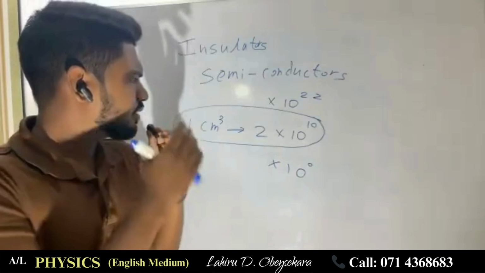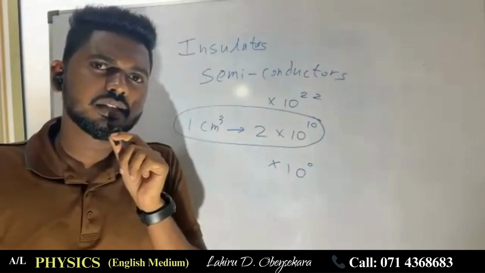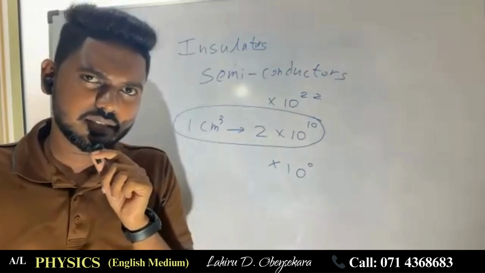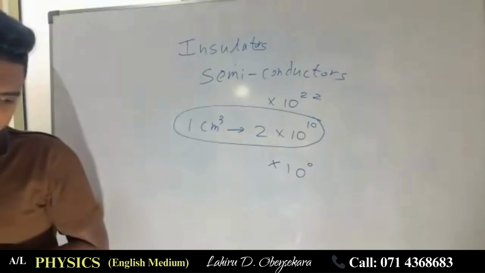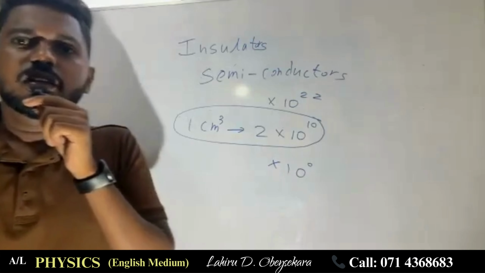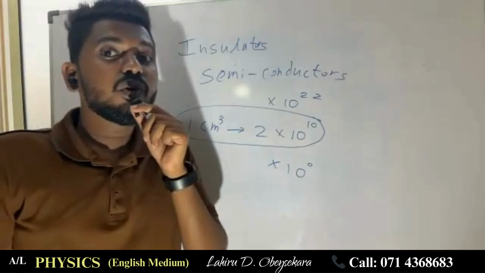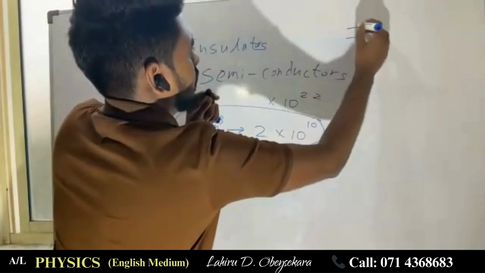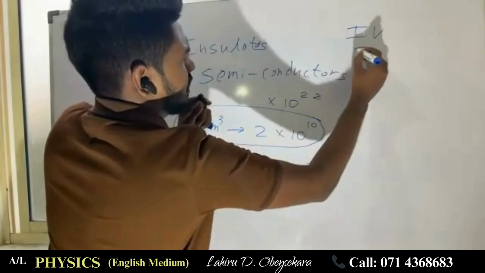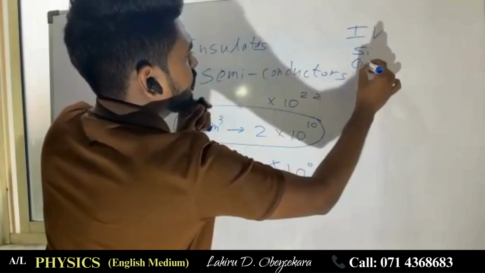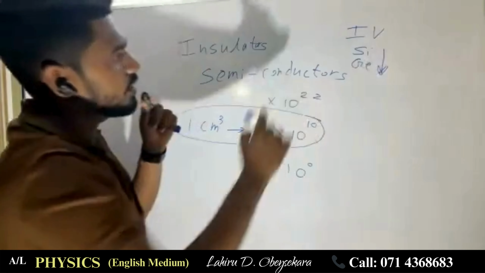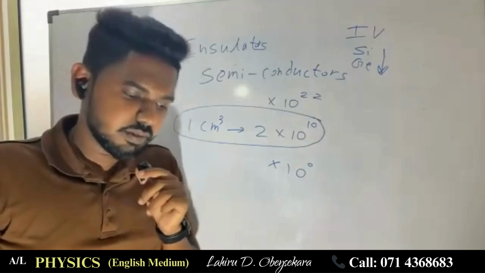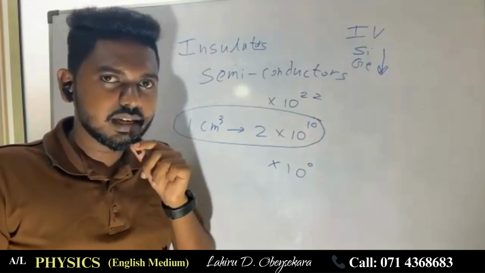What kind of materials behave like this? Do you have any idea? In chemistry also we discussed. The elements that exist in the fourth group. Fourth group means what? Silicon, germanium, like this. These kinds of elements behave as what? Semiconductors.